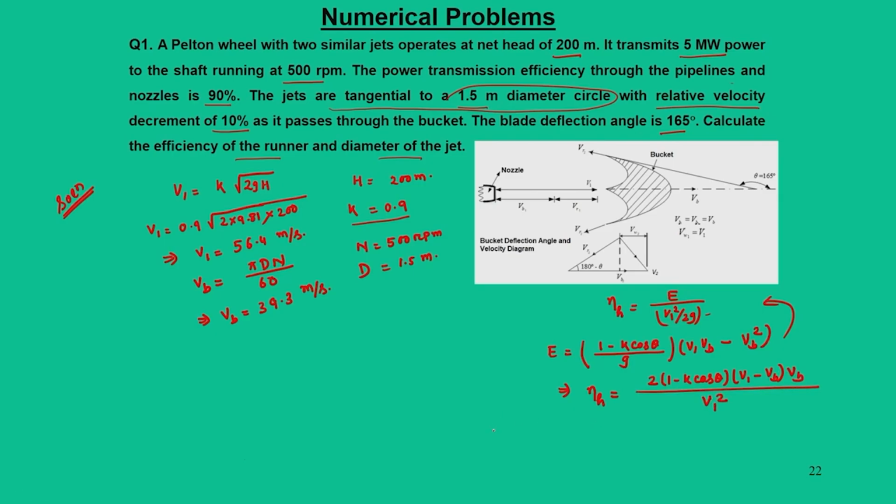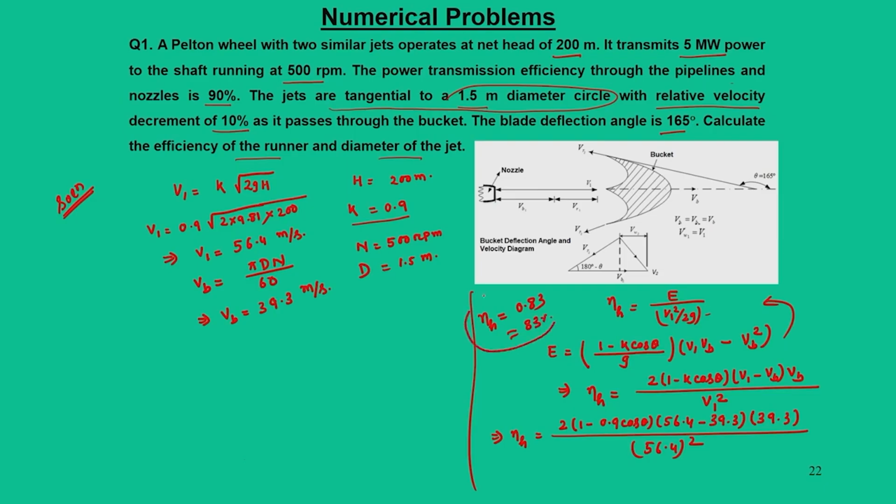So, by introducing all numbers, eta h is equal to twice times (1 minus k cos theta), k stands for 0.9, into (V1 is 56.4 minus Vb is 39.3) into Vb, that is 39.3, divided by 56.4 whole square. This will give you hydraulic efficiency as 83%. So, the first part of the answer we got: hydraulic efficiency of the runner is 83%.